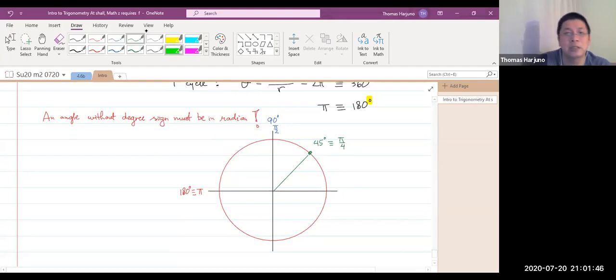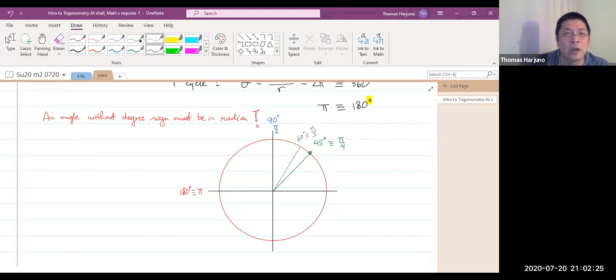Now 60 degrees is 180 degrees divided by 3, so that's pi over 3.